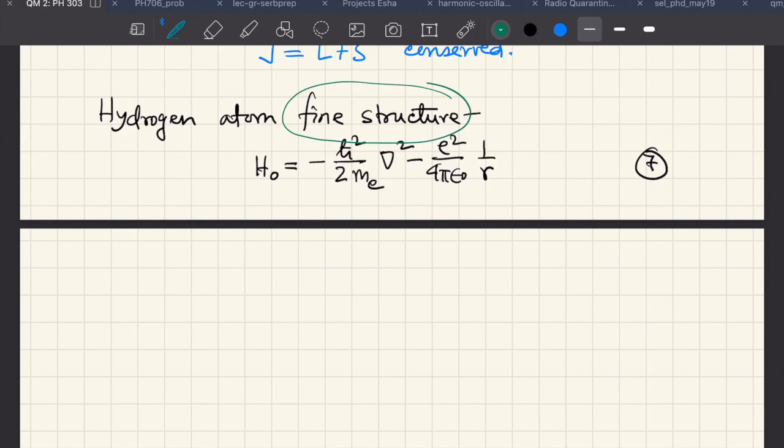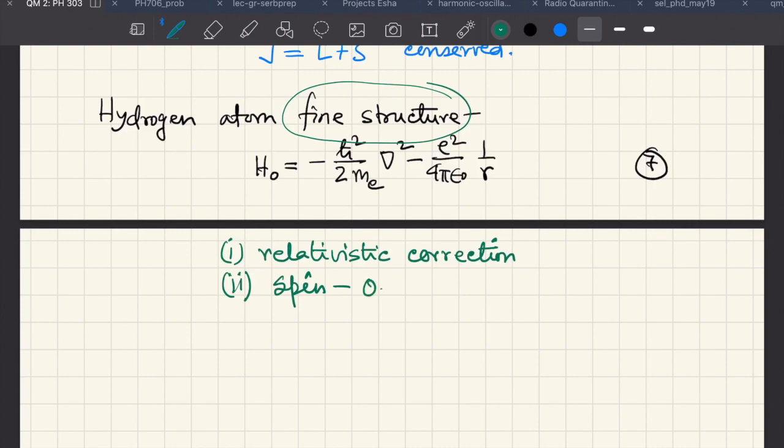It is actually due to two distinct mechanisms. Let me write those. One is known as the relativistic correction. We will see that very soon. And the other one is known as the spin orbit coupling.